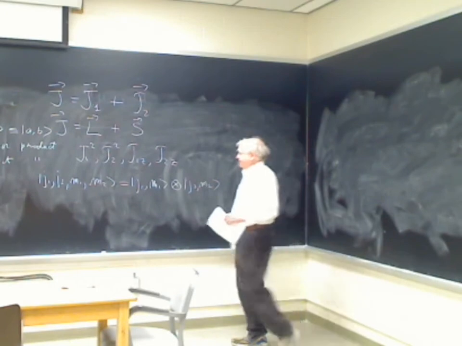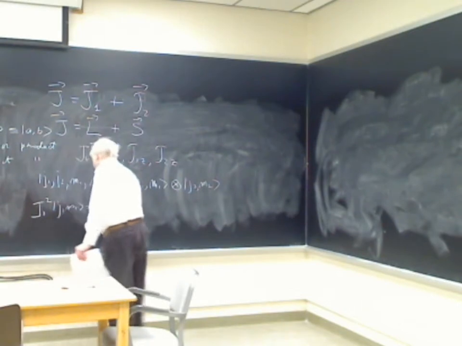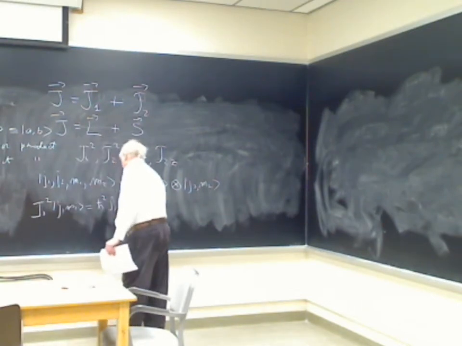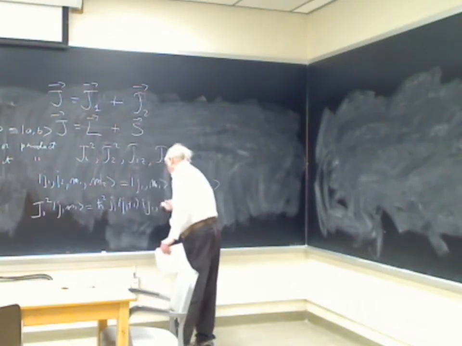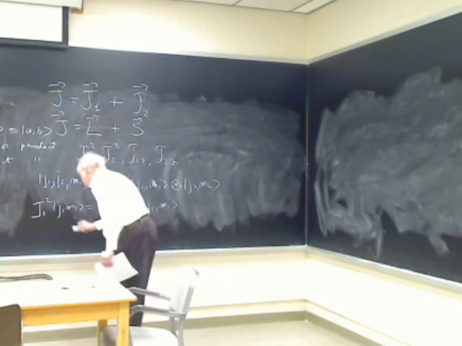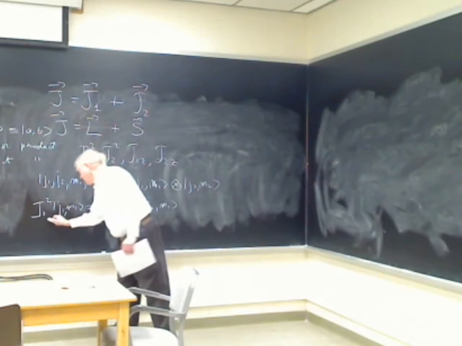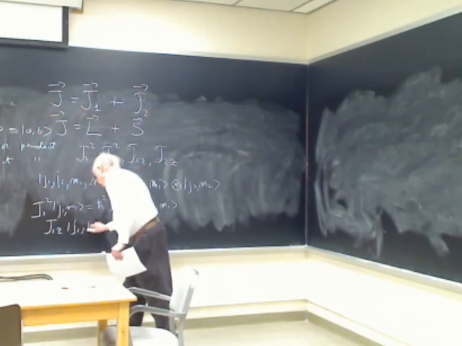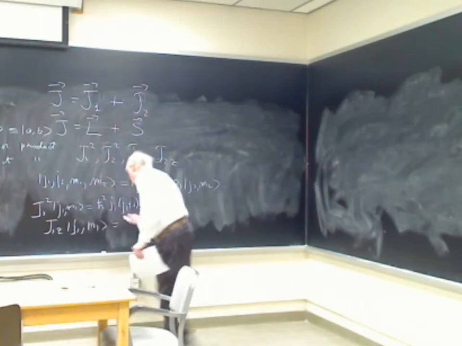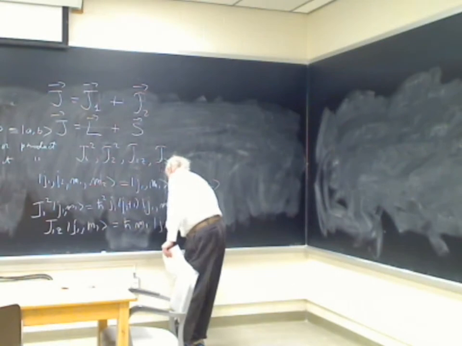And the deal, of course, is that J1 squared on |J1 M1⟩ is equal to ħ² J1(J1+1) |J1 M1⟩, and J1z on |J1 M1⟩ will be ħ M1 |J1 M1⟩.